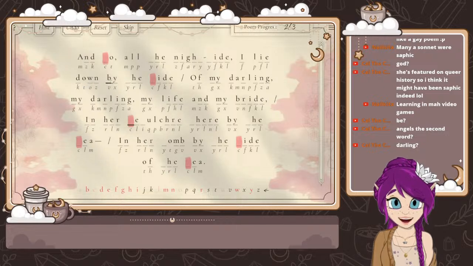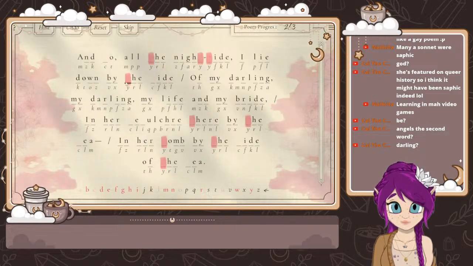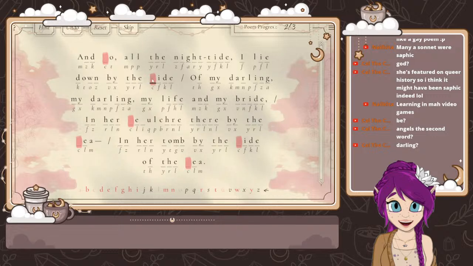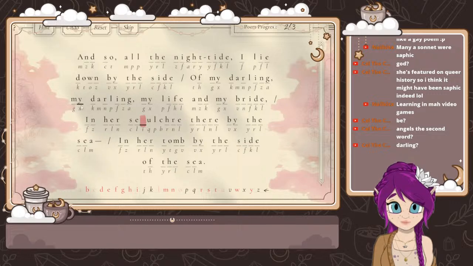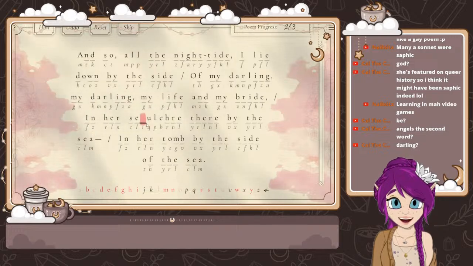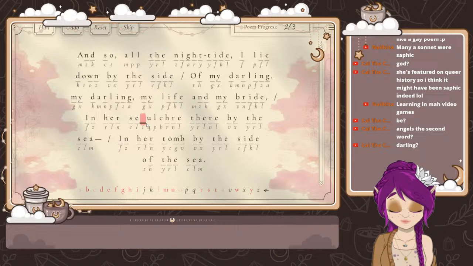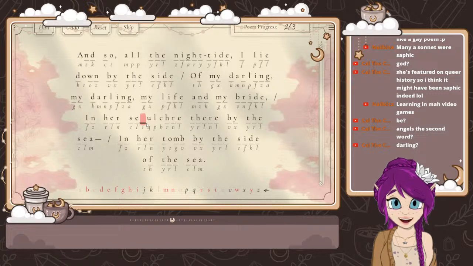I lie down by the side, and so all the night tide I lie down by the side of my darlin', my life, and my bride, in her what word is that?